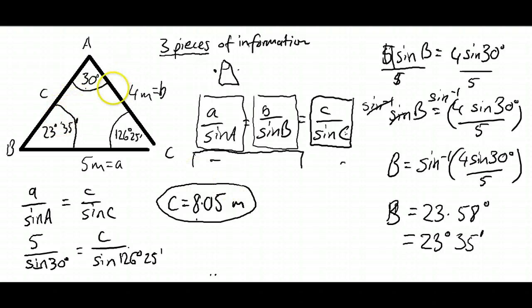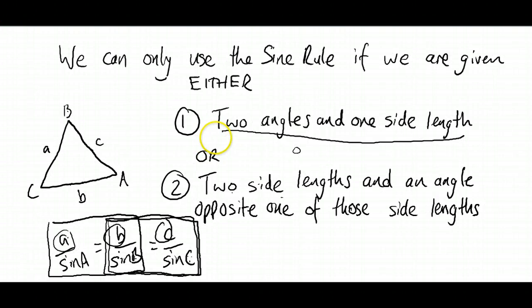So if we have 3 pieces of information, then we can solve for all parts of the triangle. Okay, but one more thing we need to be aware of is that we can only use the sine rule when we have 3 particular pieces of information. To use the sine rule, we either need to have 2 angles, any 2 angles, and 1 side length.